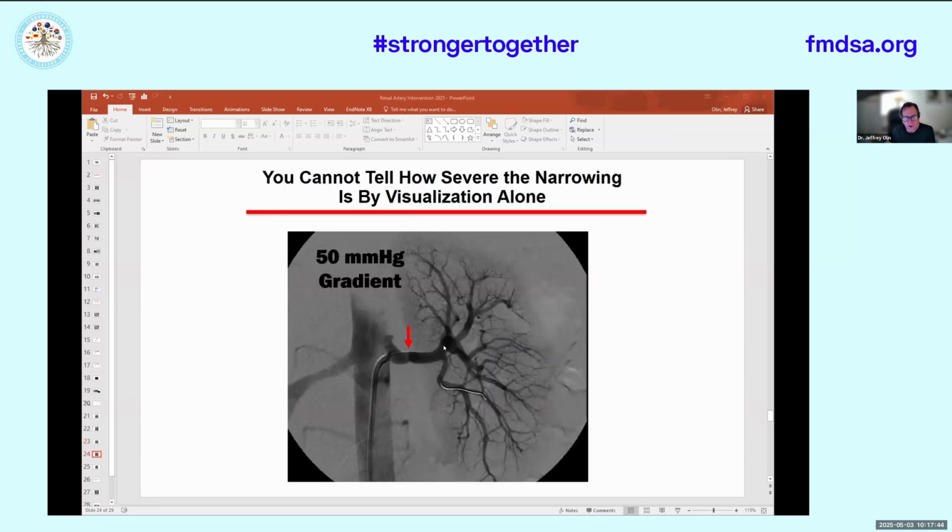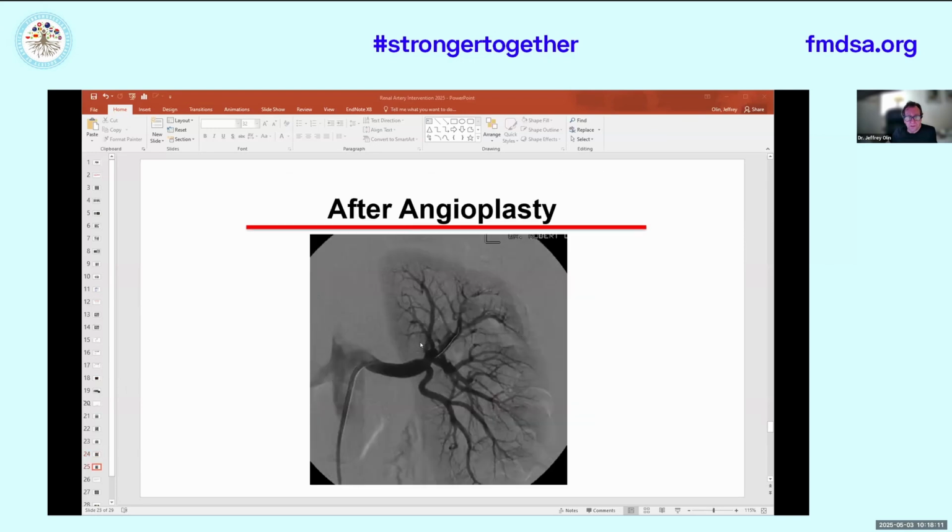And when we put a pressure wire across this, you can then see this lesion here, and there was actually a 50 millimeter mercury gradient. So had we not done this, her blood pressure would not have been cured, and we would have thought angioplasty was a failure. But we did an angioplasty of both renal arteries, and she had a cure of high blood pressure. It's now been about 13 years or so since we did this.